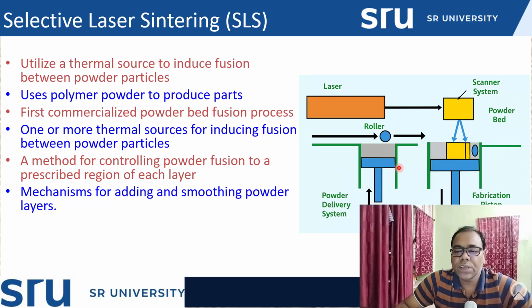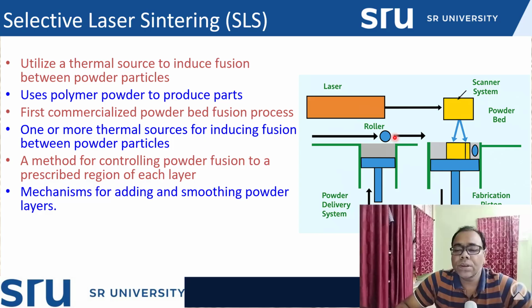Whatever powder material we use is stored here, and the quantity of powder required in each layer comes out, and this roller takes that quantity from the delivery system to the next place where the printing or fabrication of the part takes place.